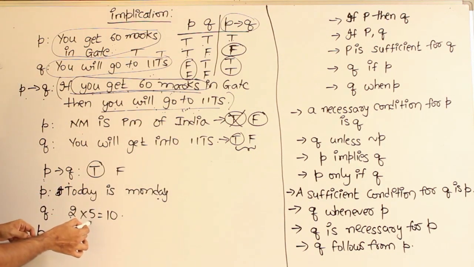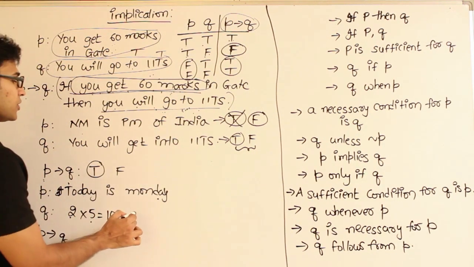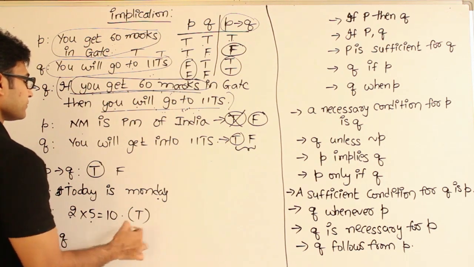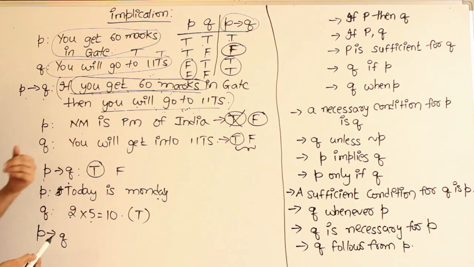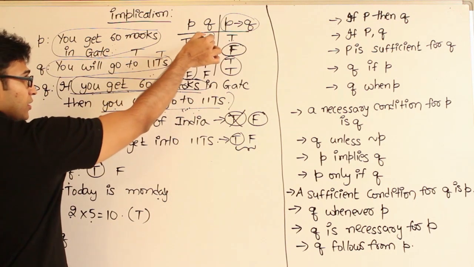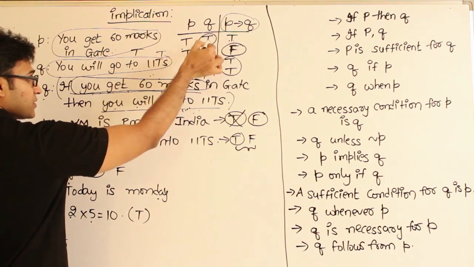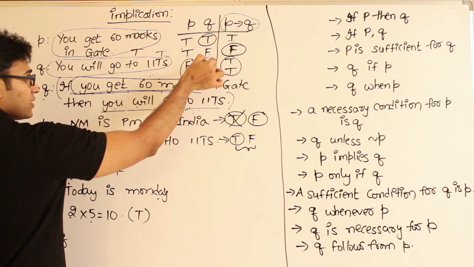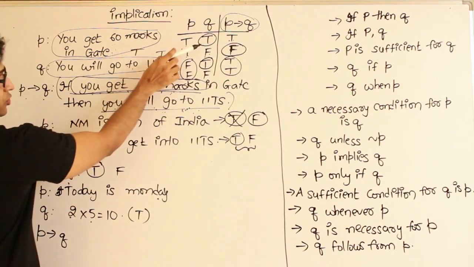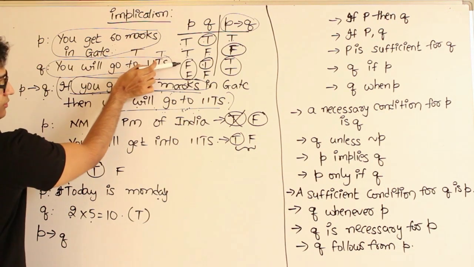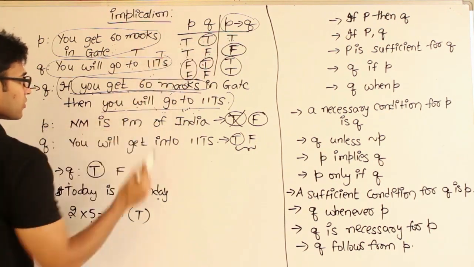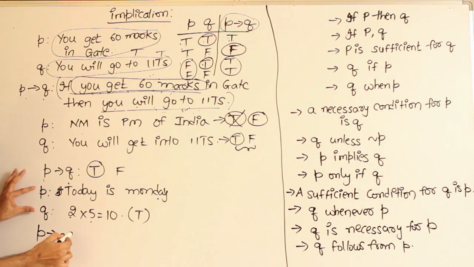Now, what about Q? It is always going to be true, isn't it? Q is always going to be true, and P may be true or false. So, what are the two cases you are going to see? Q is always going to be true, which means this and this, right? So you can observe that when Q is true, irrespective of what happens to P, the result is always going to be true, which means this particular statement P implies Q is always true.